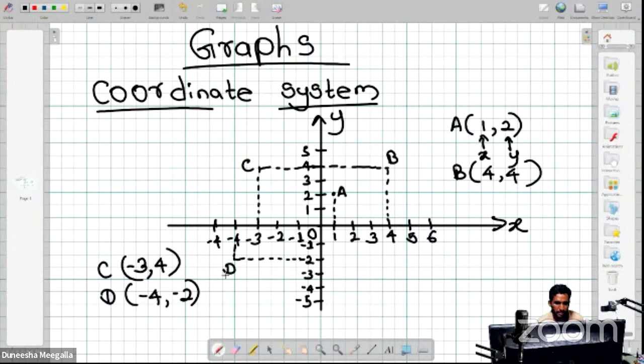This is the point D. Draw this coordinate system.